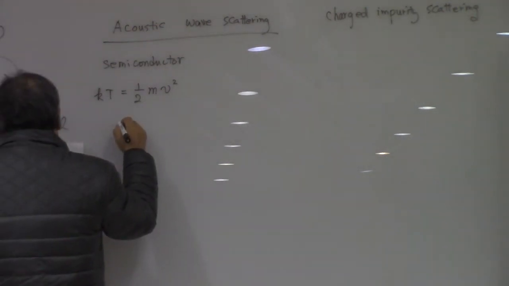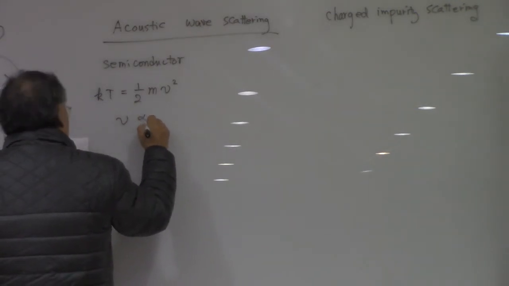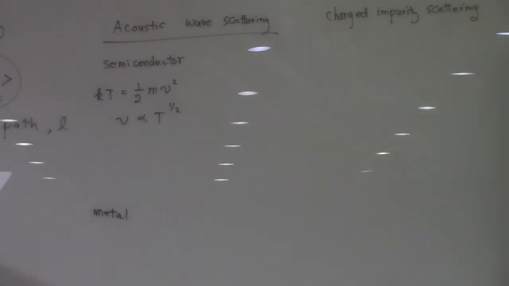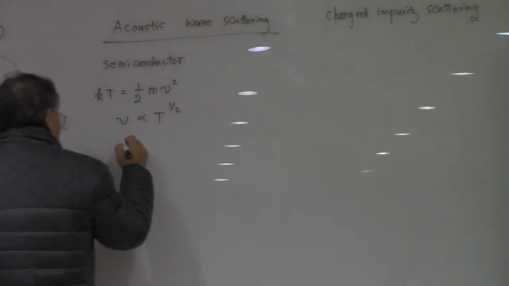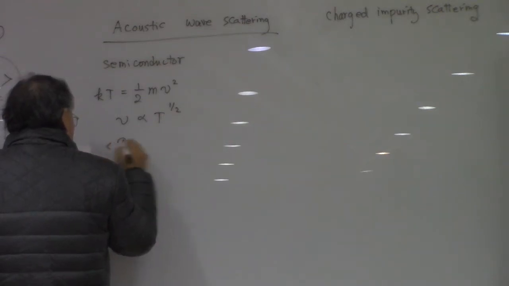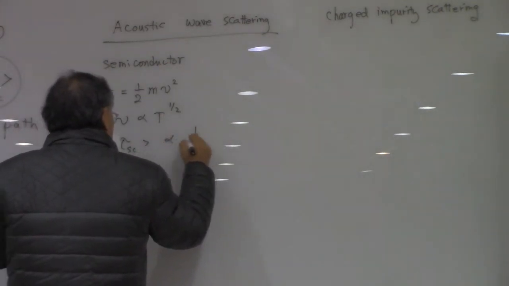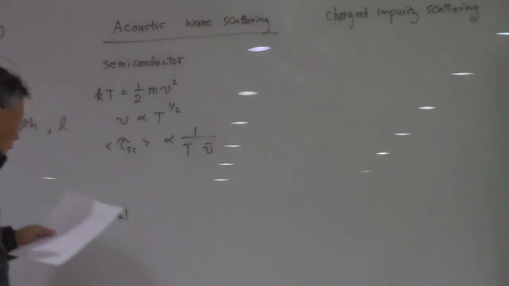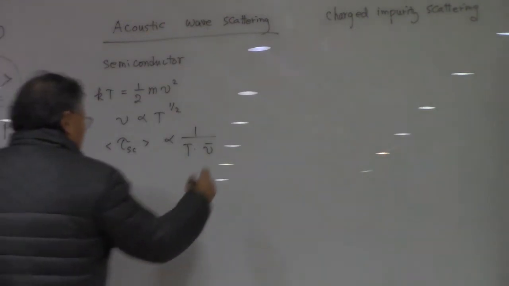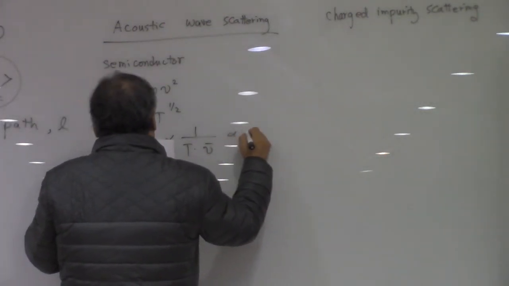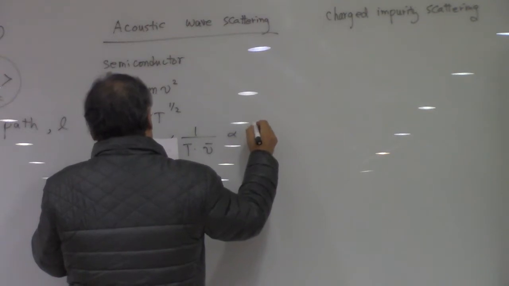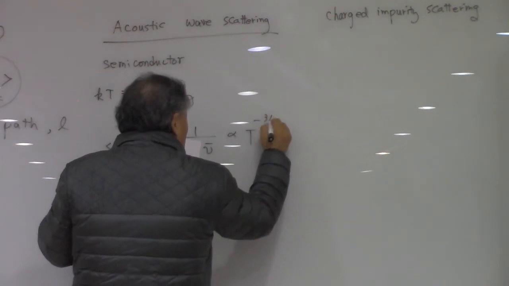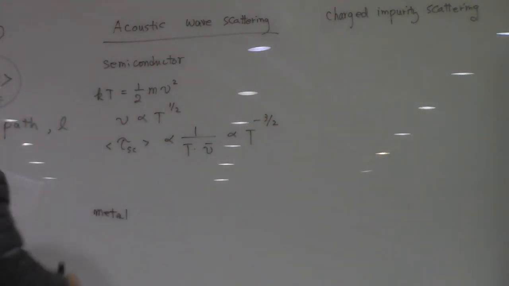And so the velocity of free carriers is going to be proportional to the square root of temperature. And the scattering relaxation time, which is proportional to 1 over the temperature and the velocity, should be proportional to T to the minus 3/2.